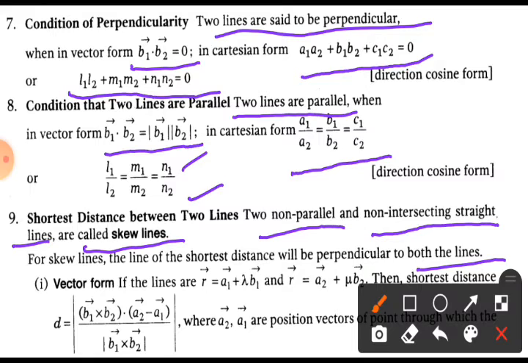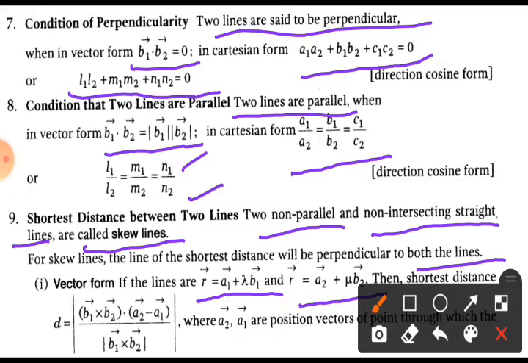Vector form. The lines are r vector is equal to a1 vector plus lambda b1 vector, and r vector is equal to a2 vector plus mu b2 vector.